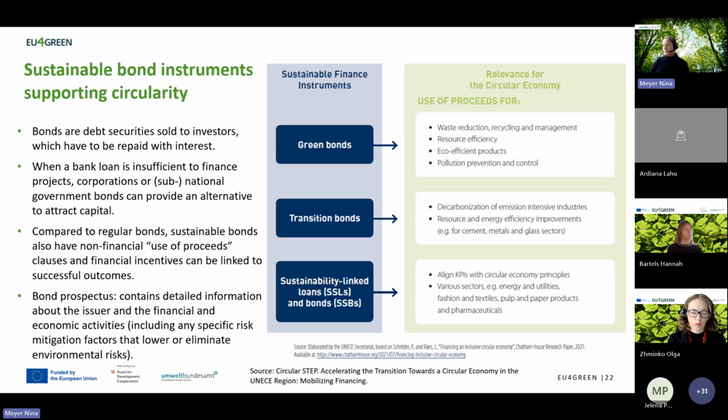Sustainability linked loans and bonds link KPIs for the circular economy to financial incentives that can be reached upon achievement. They can also be used for any types of circular economy industries and activities, from energy and utilities to fashion, textiles, paper, and pharmaceuticals.